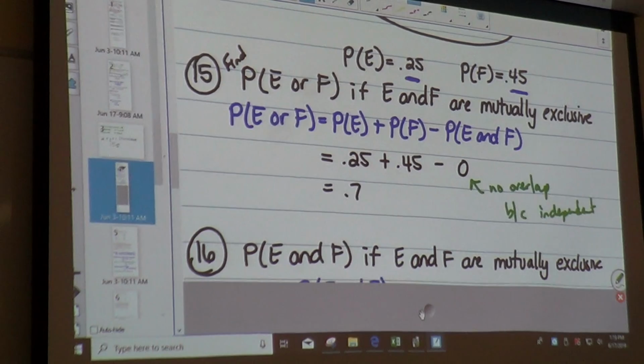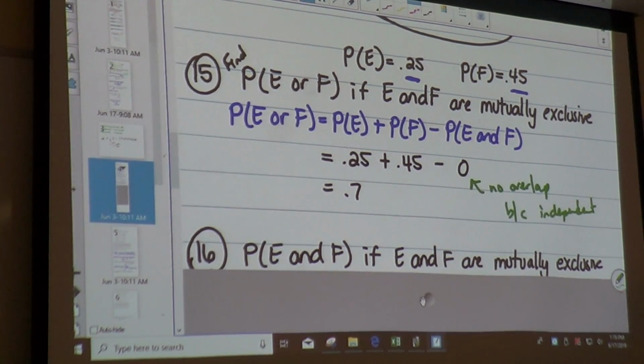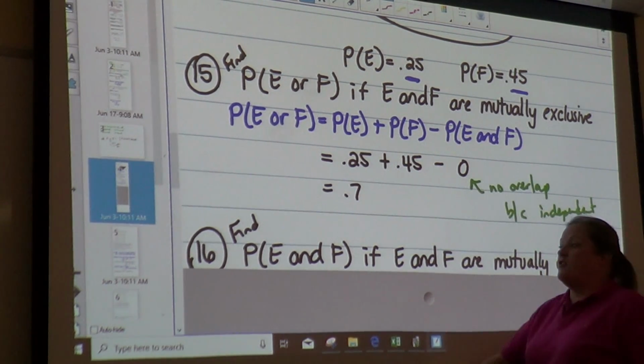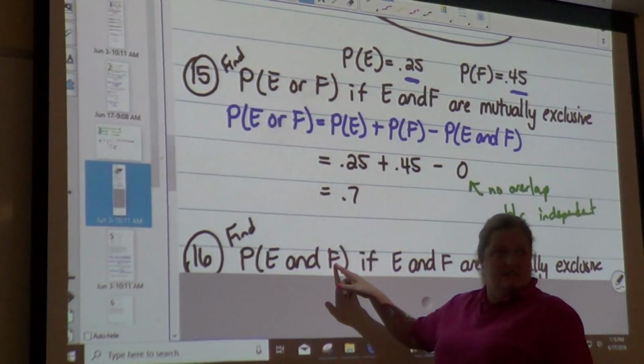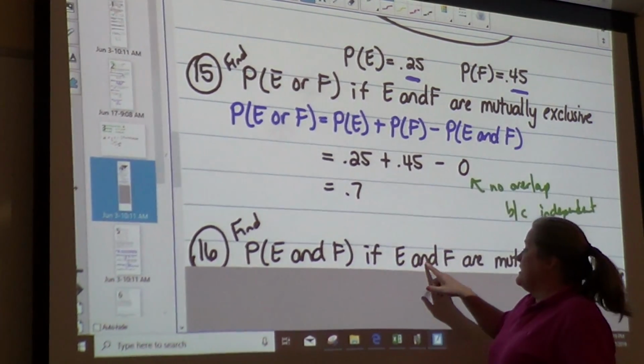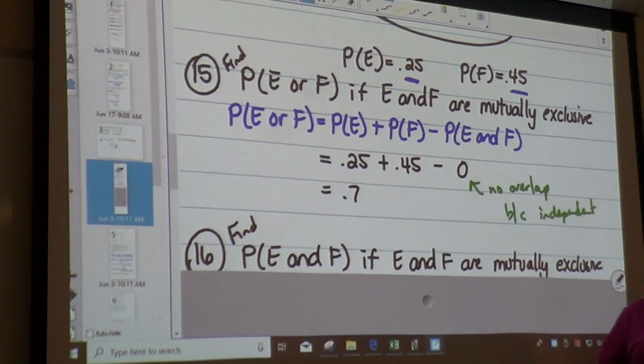All right, number 16. I want you to find the probability of E and F if E and F are mutually exclusive. So I want to know the probability that something's going to be on Ella and Frank's list if Ella and Frank are mutually exclusive.